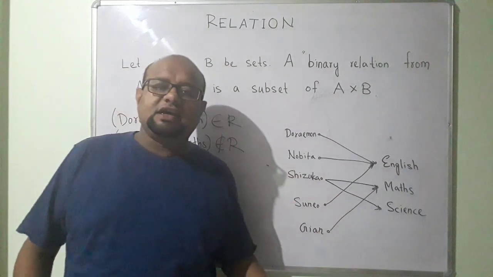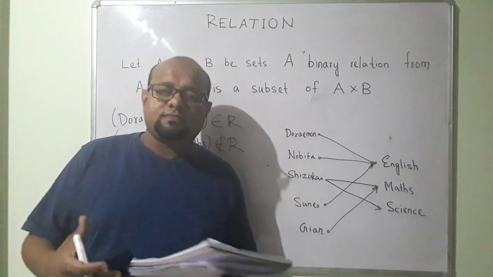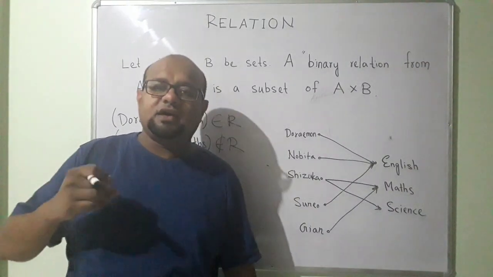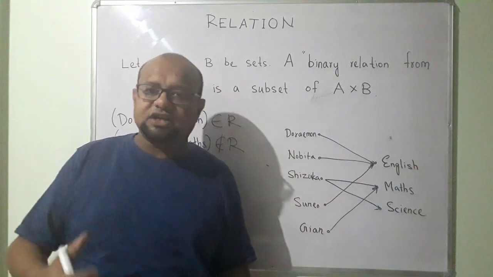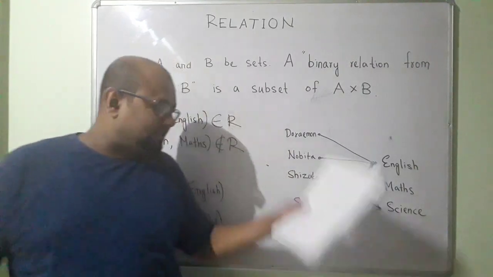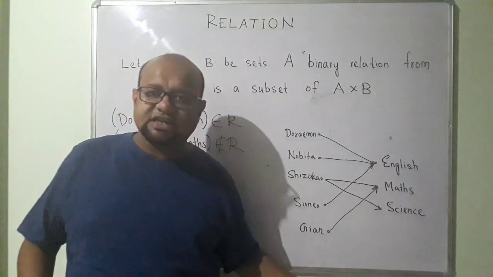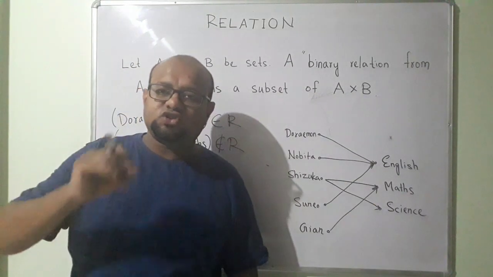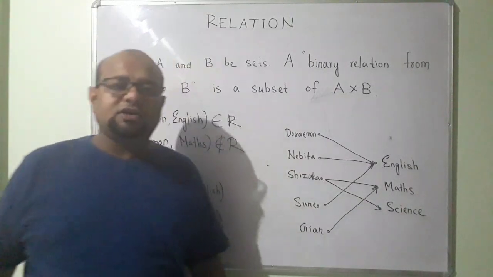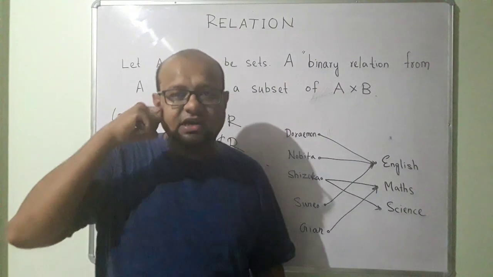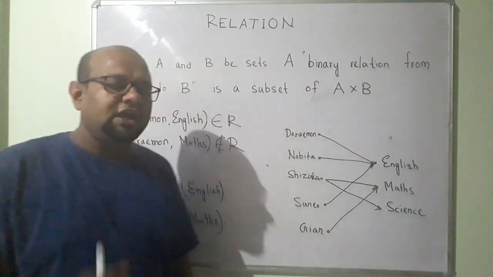So how did we represent this relation? This is a particular relation. What does this relation mean? It means that this is the set of students and this is the set of subjects. If some student a got an outstanding grade in some subject b, then that ordered pair would belong to the relation.